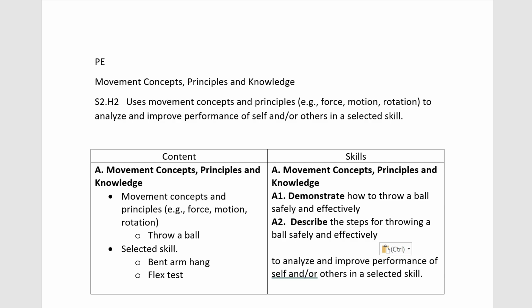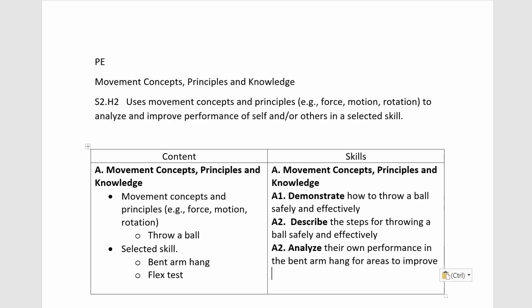But when I go into my next one, I have analyze and improve performance of self and or others in a selected skill. So in this one, what are they going to analyze? They can analyze their own performance in the bent arm hang for areas to improve.